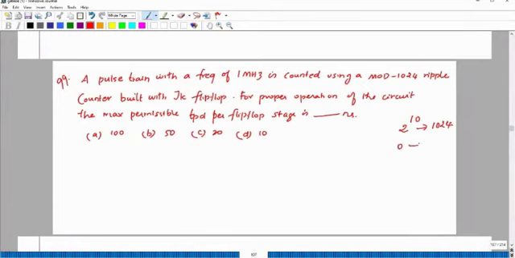For the entire counter it is 1 megahertz. We know that frequency is equal to 1 by T, so T is equal to 1 divided by 1 megahertz, which is 10 power minus 6 seconds.